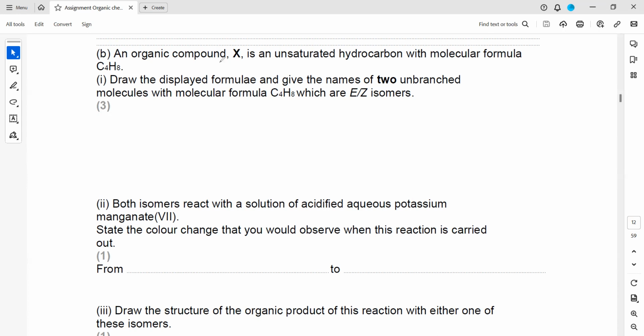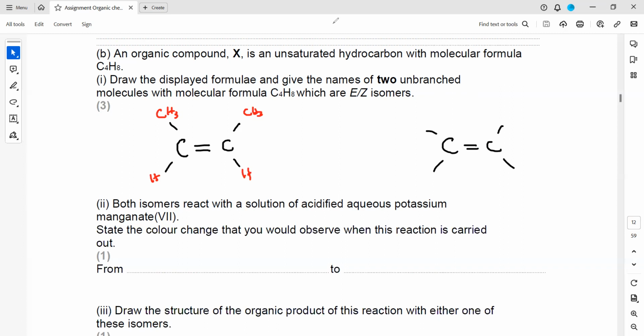For these types of structures, whenever you want to draw the geometrical isomer, draw this structure first. Then we have 4 carbon atoms. So one carbon we attach here, that will be CH3. Hydrogen will be here. One carbon we attach here and hydrogen will be here. When you count, it will become C4 and H8.